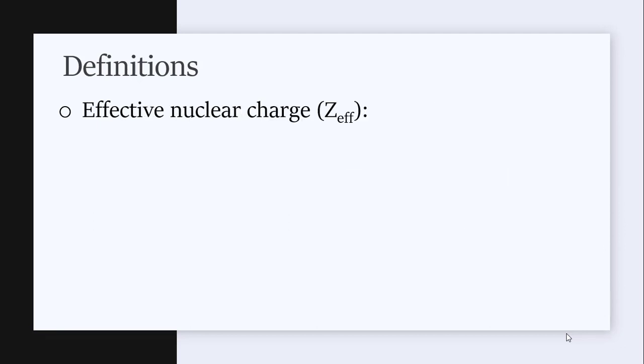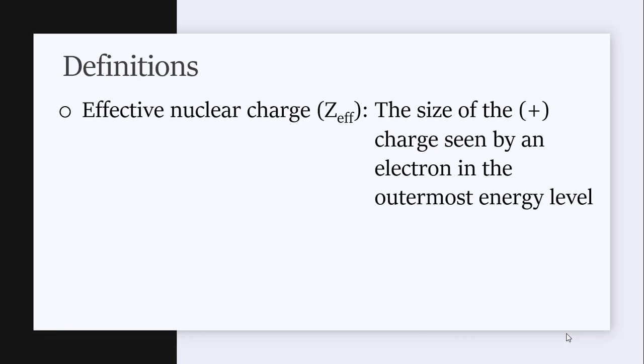Now here is a new definition called the effective nuclear charge, or the Z sub effective, usually referred to by students as ZEF, and I will refer to it that way because that's what you're going to do. The ZEF is defined as the size or the magnitude of the positive charge seen by an electron in the outermost energy level.